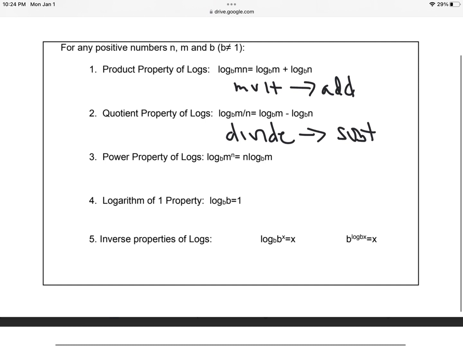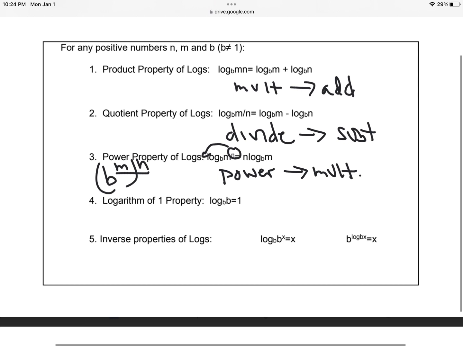That's the power rule. That would be like if we were doing b to the m raised to the n, we'd know we'd have to multiply those two things together. And so what that means is that if we have a power, that n right there, we're going to turn it into multiplication. So that n can get dropped down in front and just turned into multiplication.